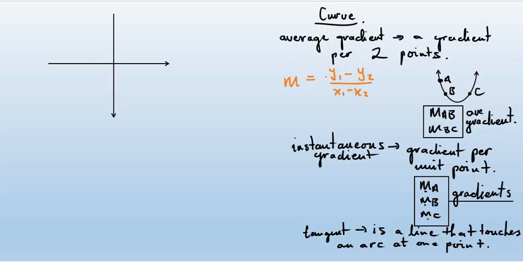And for instantaneous gradient, that's when we are going to do what we call first derivative, and that means it's going to give you gradient at point x. Notice how it looks. So if I wanted gradient at point A, I'm going to substitute the x of A into my first derivative formula, and that will give me the gradient at point A.